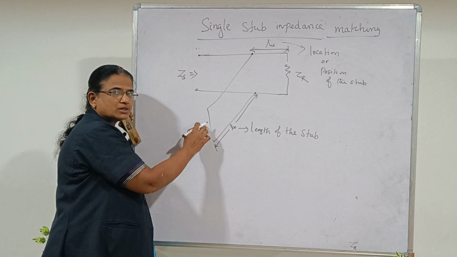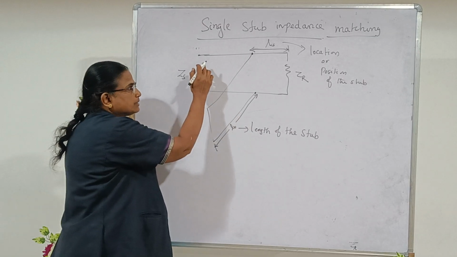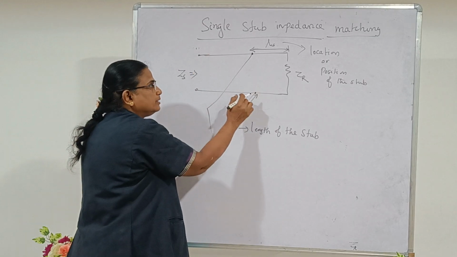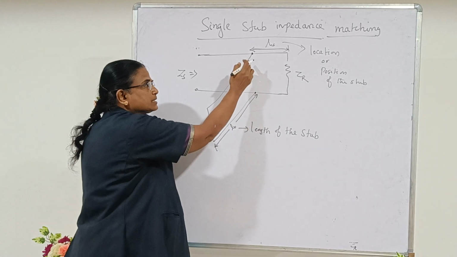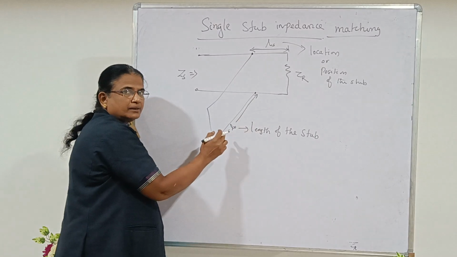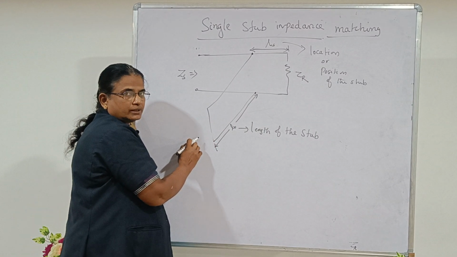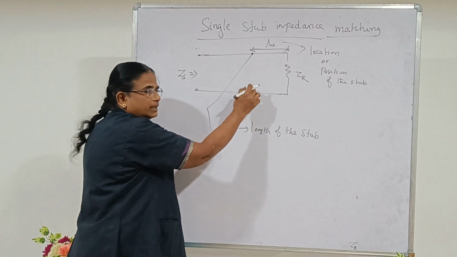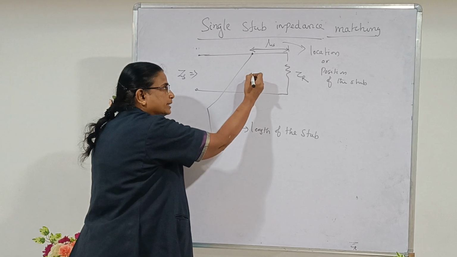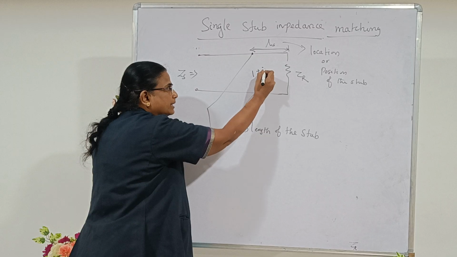A short circuited stub offers purely a reactive component, and it is connected in parallel with the main transmission line. So the stub has to be connected always closer to the load. At the point of attachment of the stub, the conductance value has to be 1, and the susceptance may be anything.